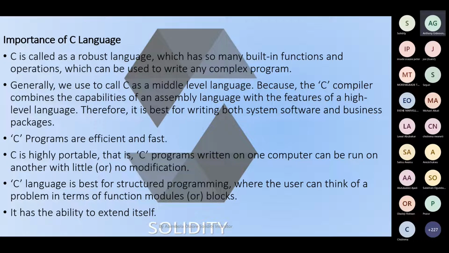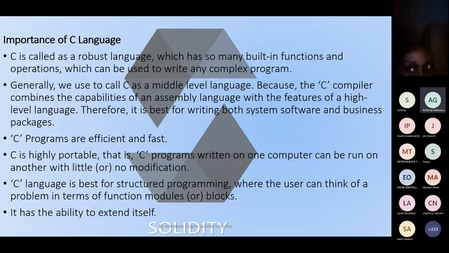Number two, we call C a middle level language because the C compiler combines the capabilities of an assembly language with the features of a high-level language. Therefore, it is best for writing both system software and business packages.